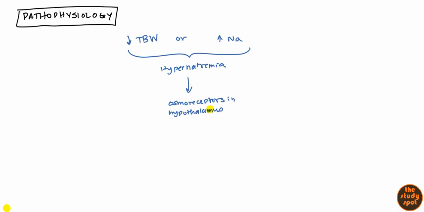This trigger usually occurs when the plasma osmolality is anywhere between 280 to 290 milliosmoles per liter, and as the osmolarity steadily increases, the amount of ADH and thirst that's produced increases as well.